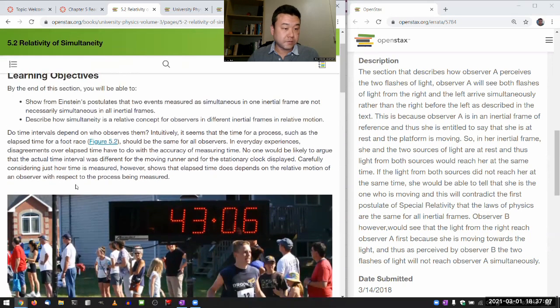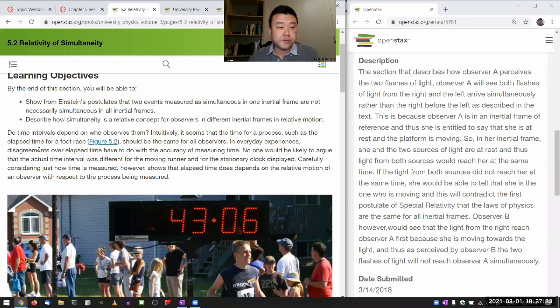It says, starting from here: Do time intervals depend on who observes them? Intuitively, it seems that the time for a process, such as the elapsed time for a foot race, should be the same for all observers. In everyday experiences, disagreements over elapsed time have to do with the accuracy of measuring time.